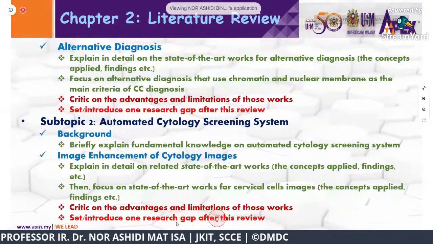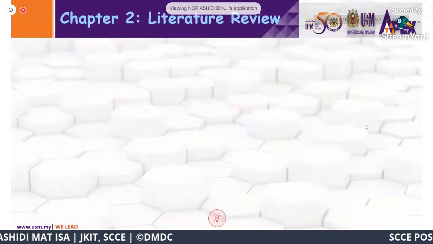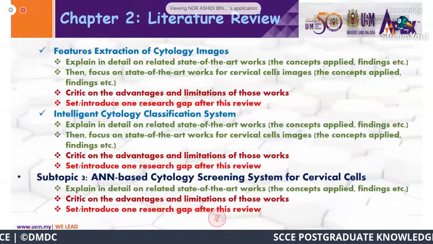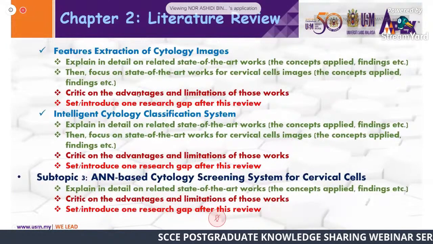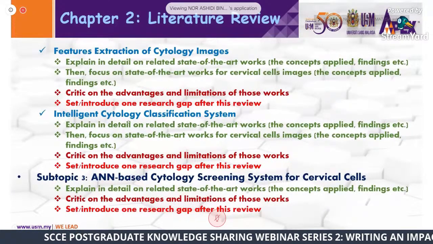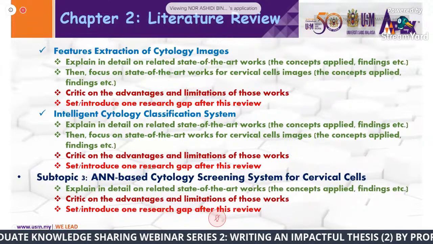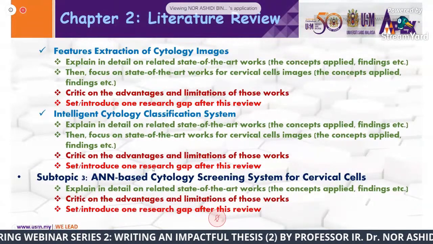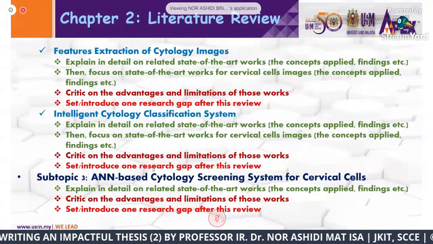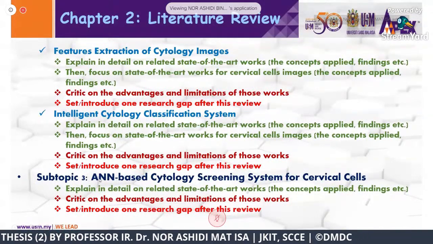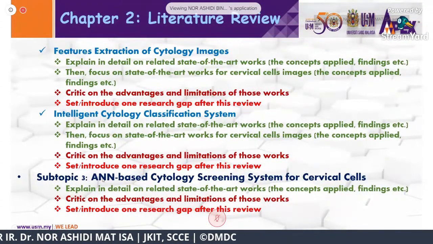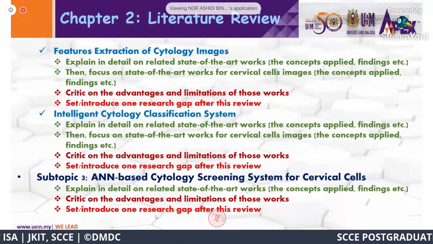Okay. Similar to the feature extraction, set one research gap if you want to focus on this one. Also for the intelligent cytology classification system, also set one research gap here. Okay, and because you want to develop the application system, you must also set a research gap.